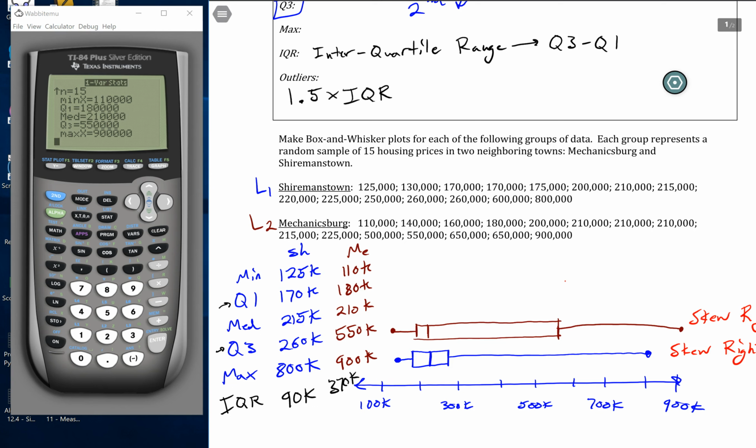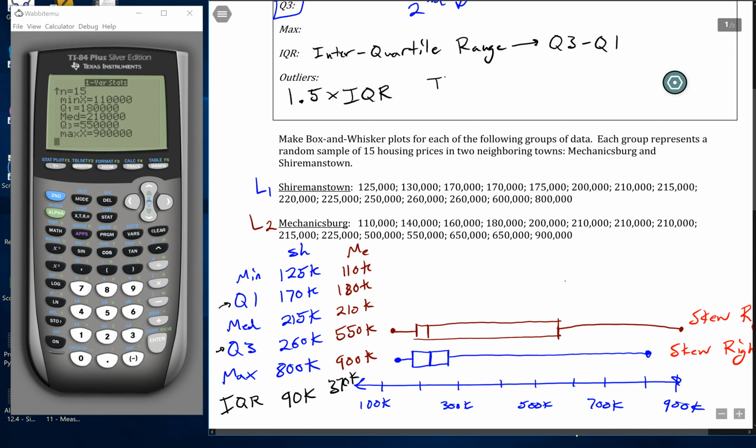You're going to take 1.5 times the IQR, and you're going to look that much above Q3, and you're going to look that much below Q1. And you're going to see if there are things outside. If there are values outside of that range, they are outliers.